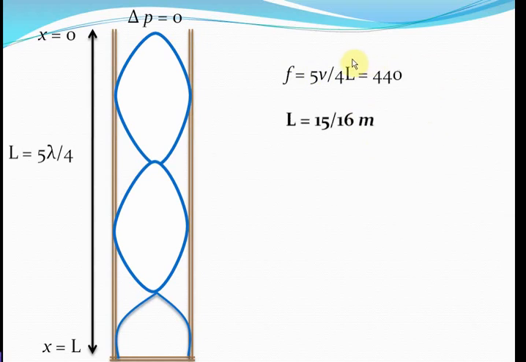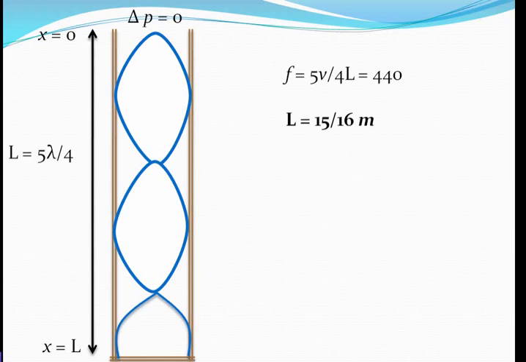The second part of the question is slightly tougher. The second part involves calculating the change in pressure at exactly the middle of this pipe. So if this is x equal to 0 and this is x equal to L, then the second part involves calculating the change in pressure at the middle point x equal to L by 2.